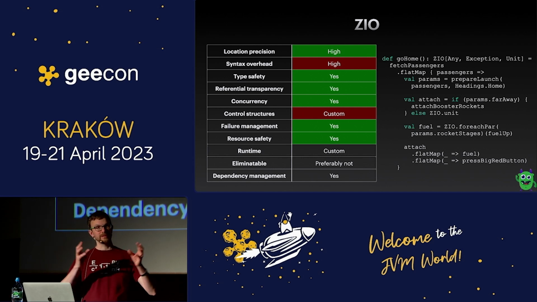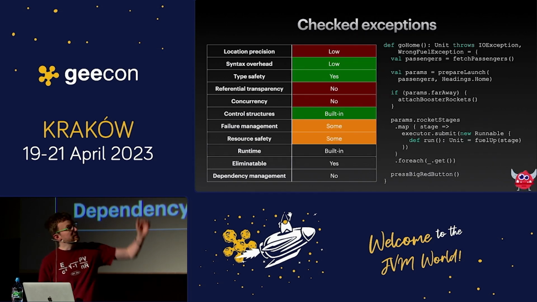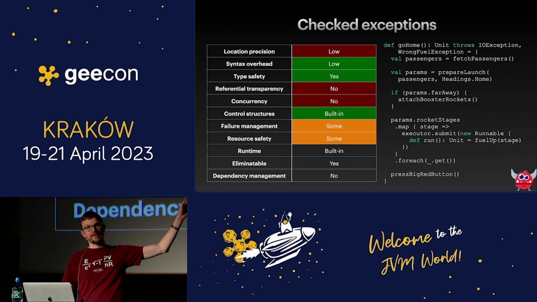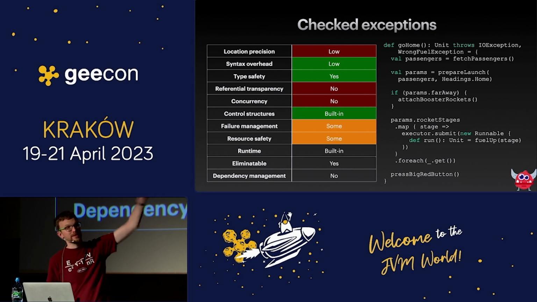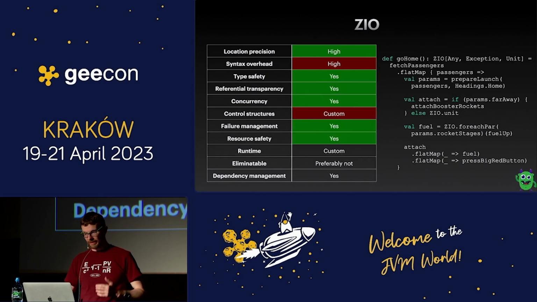These are different. So in the exception case, the fetch passengers method and the prepare lunch method, you use them exactly the same. The first one throws an exception, the other does not, and you use them exactly the same. In ZIO, you are forced by the compiler to actually treat them differently because one might fail in an arbitrary way, for example, and the other might not.